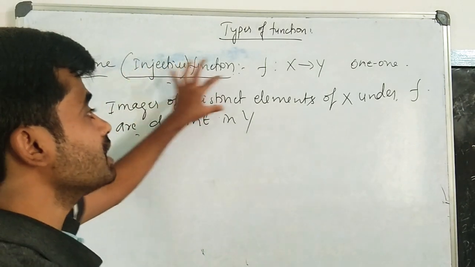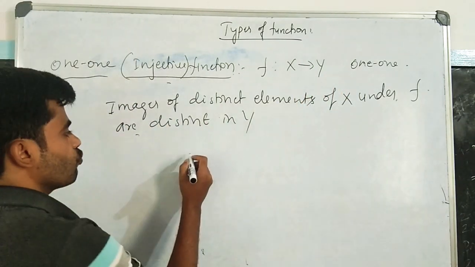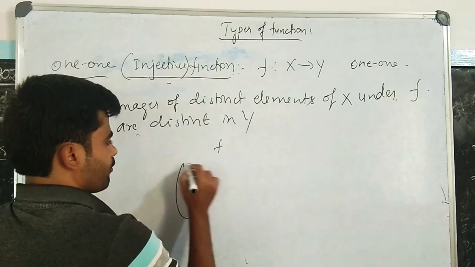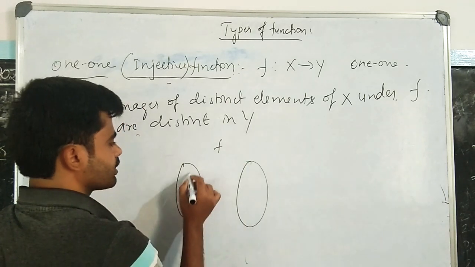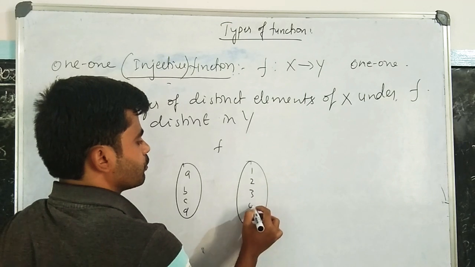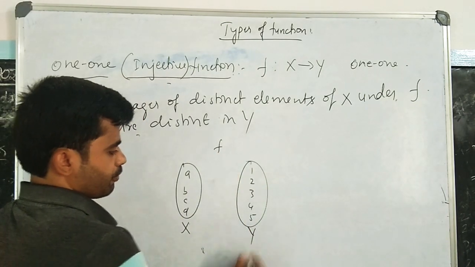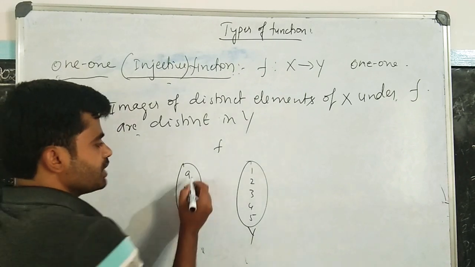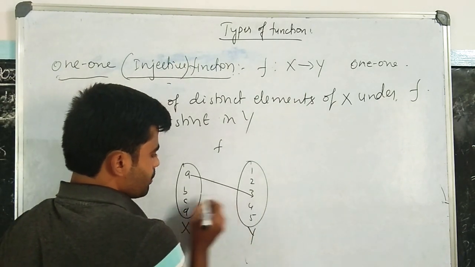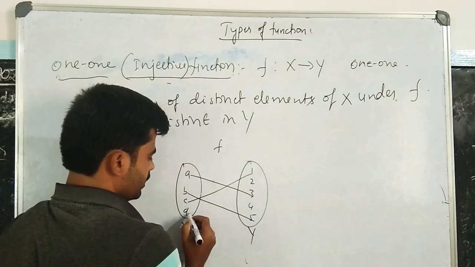Images of distinct elements of X. I will take a function f from X to Y. I will take X as a, b, c, d and Y as 1, 2, 3, 4, 5. Image of a is 3, image of b is 5, image of c is 1, image of d is 4.